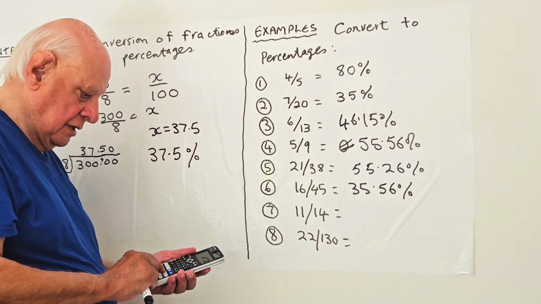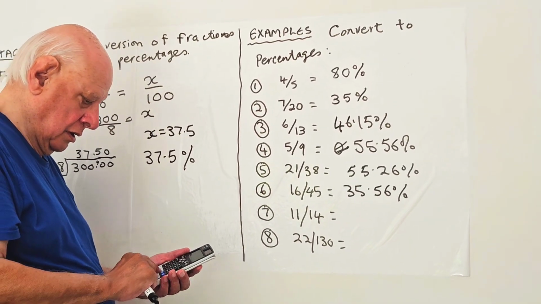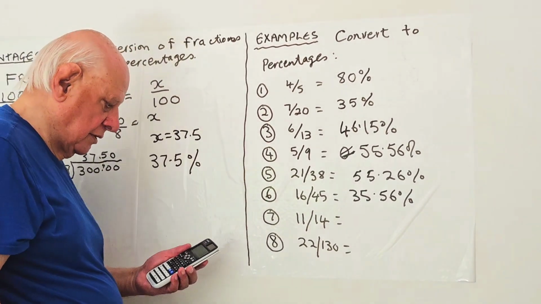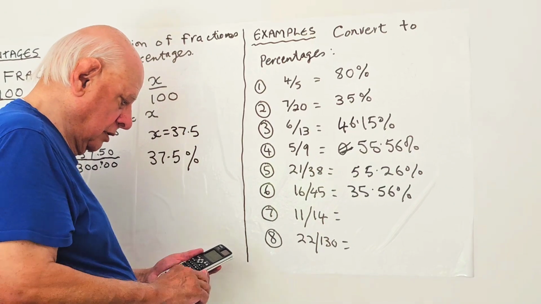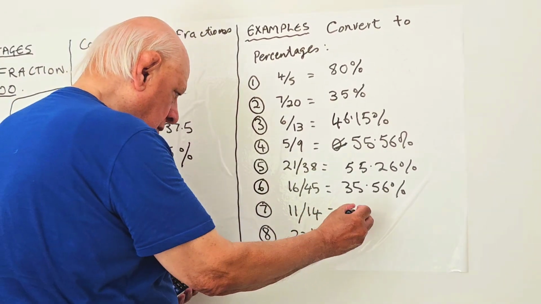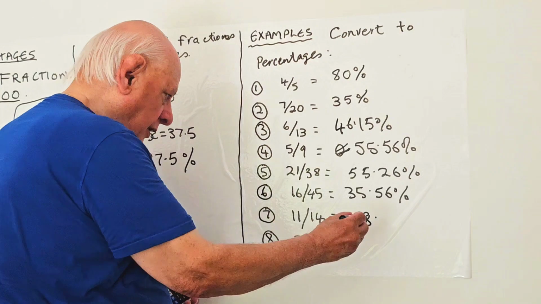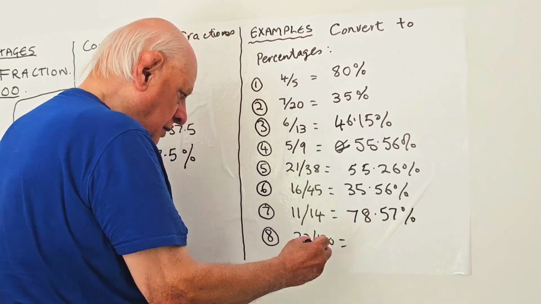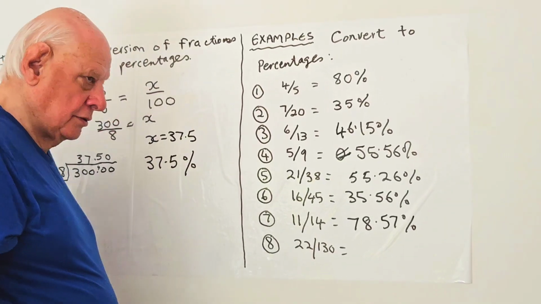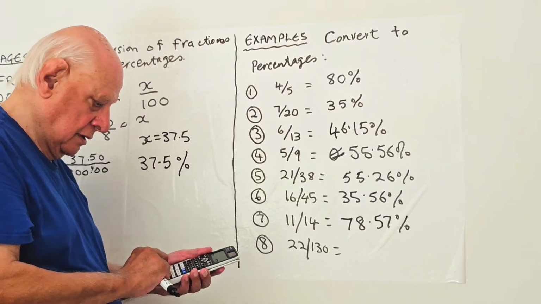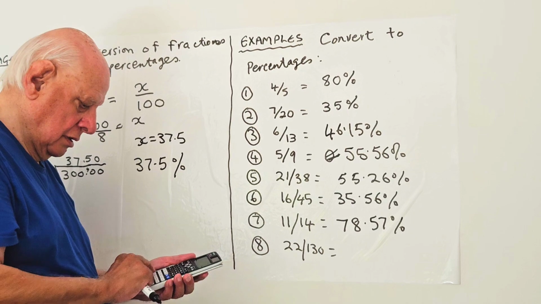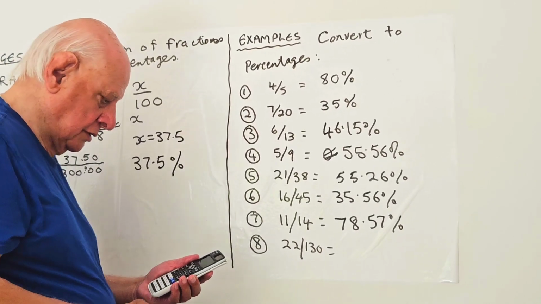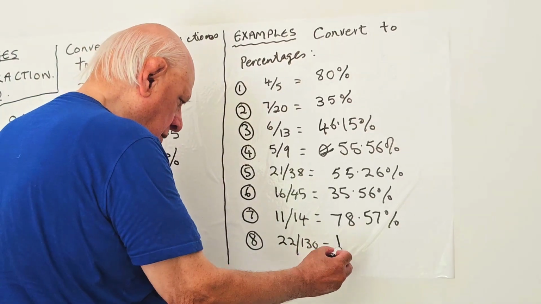And then similarly, these two, 11 divided by 14 times 100 comes to 78.57%. And lastly, 22 divided by 130 times 100 comes to 16.92%.